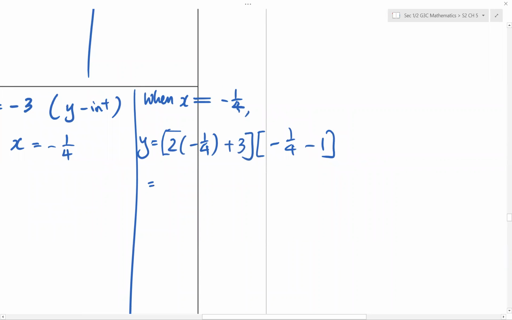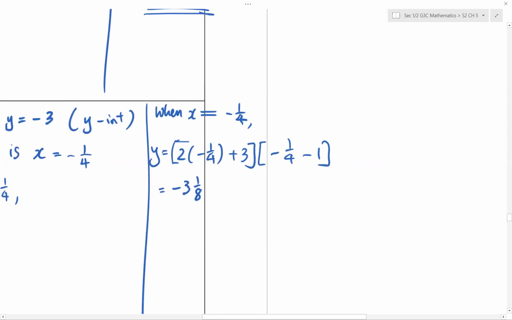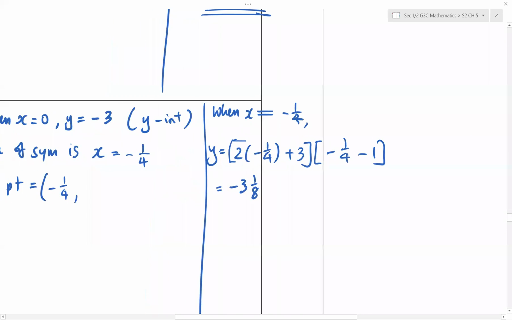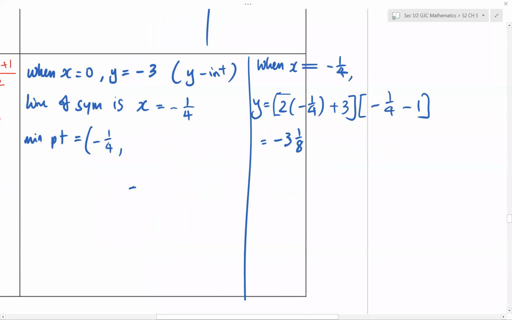So key them carefully in your calculator, exactly as what you see: 2 times -0.25 plus 3, close bracket, open bracket, -0.25 minus 1. So I get -3 and 1/8. Is it correct? Yes. So this is our y coordinate, -3 and 1/8.